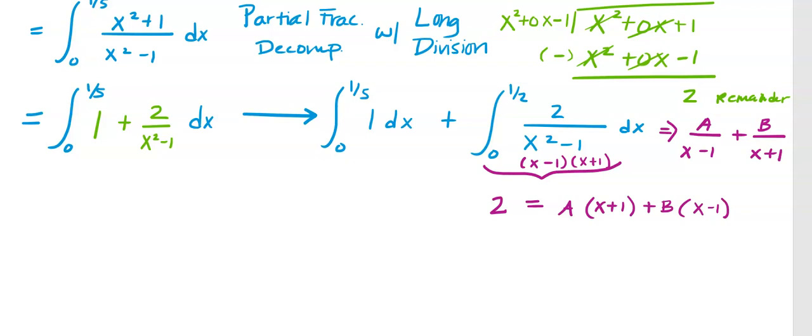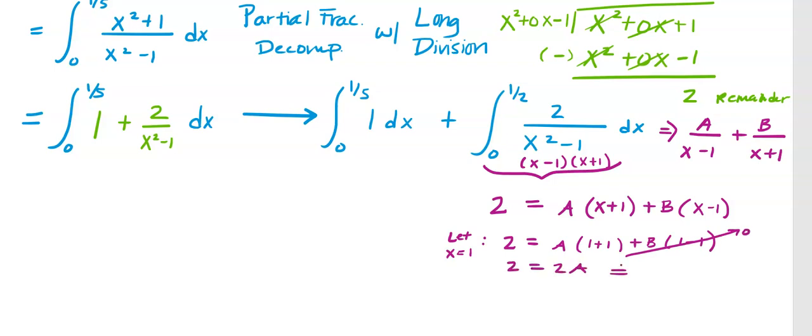Okay, so we're doing our partial fraction decomposition, and we can do the shortcut on this one if we let x equal 1 using the idea of what numbers would equal our factors. If we let x equals 1 on this one, 2 would equal a times 1 plus 1 plus b times 1 minus 1. That 1 minus 1 would go to 0, and we would end up with 2a is equal to 2, which is telling us that a is equal to 1.